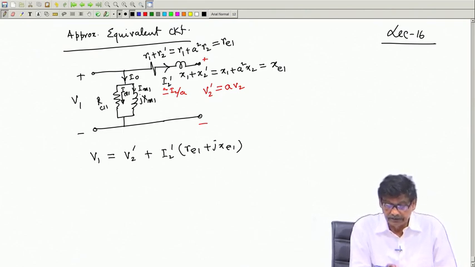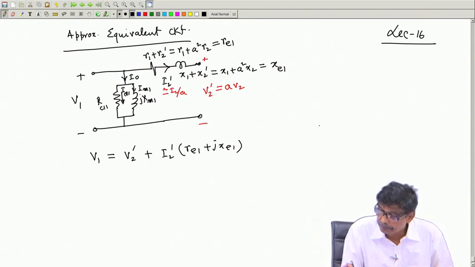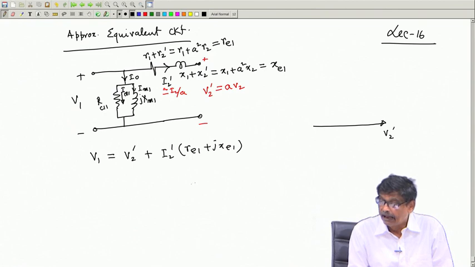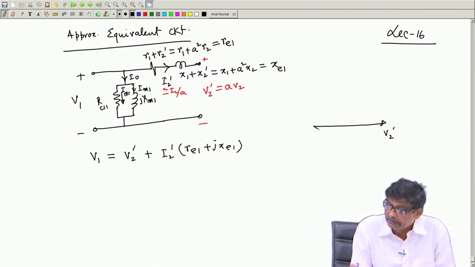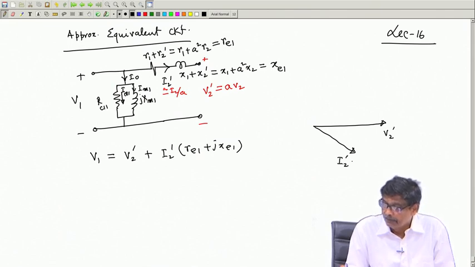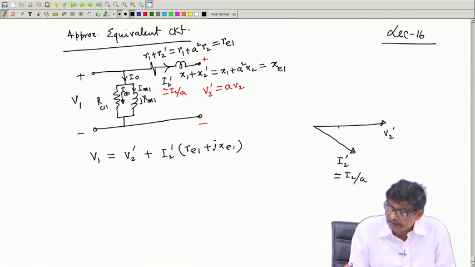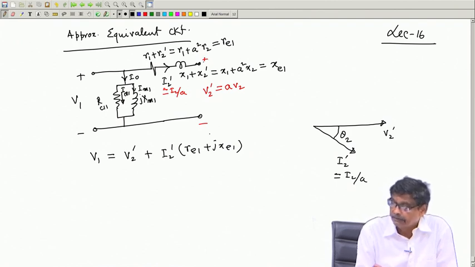So, we start the phasor diagram drawing in this way. First draw V 2 dashed, and then draw I 2 dashed. Suppose it is supplying, what is I 2 dashed? Actual current by A, and this is then the load power factor angle, mind you, this is the load power factor angle theta 2, whatever impedance you have connected.